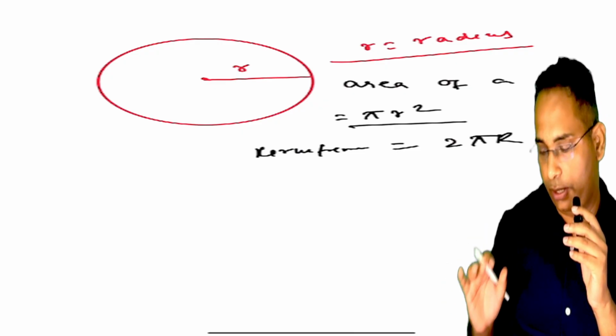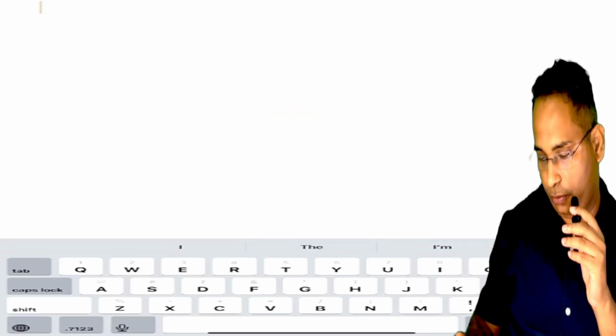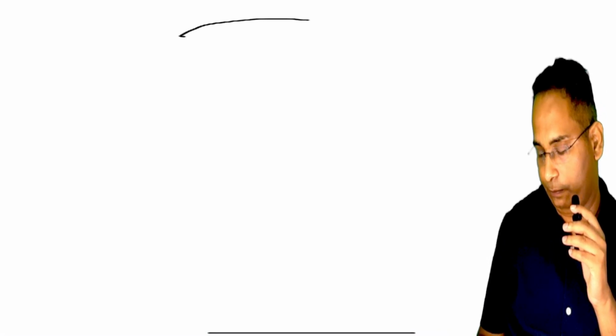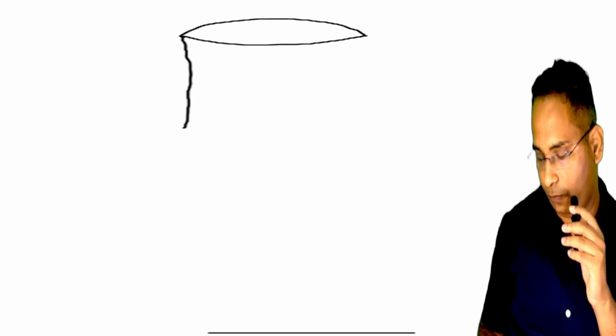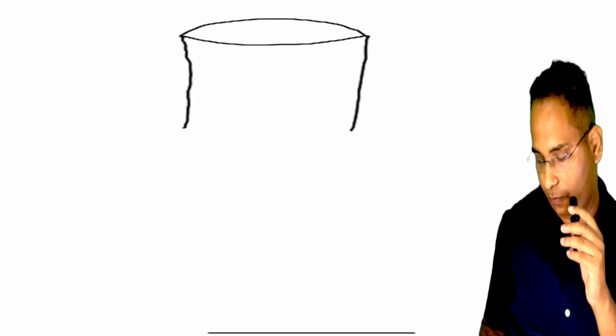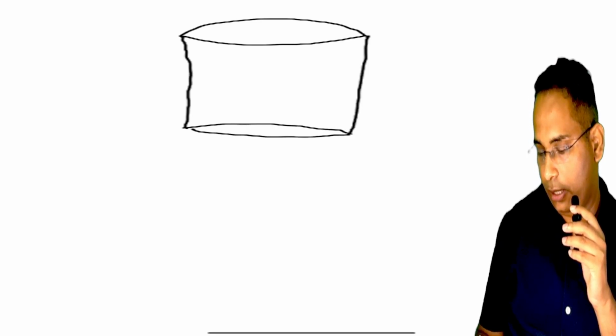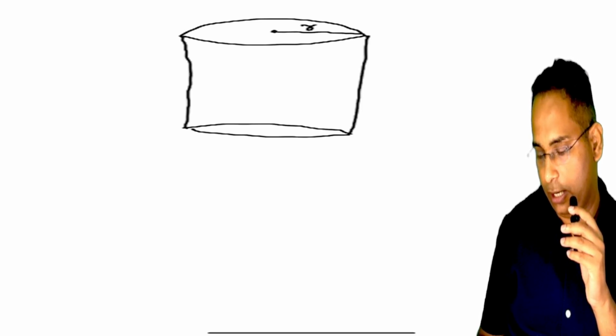Now we will refer to the particular shape we are here for today, that is the cylinder. See, I have drawn a cylinder, simple. Since it has a circle, definitely it will have a radius, that is r.